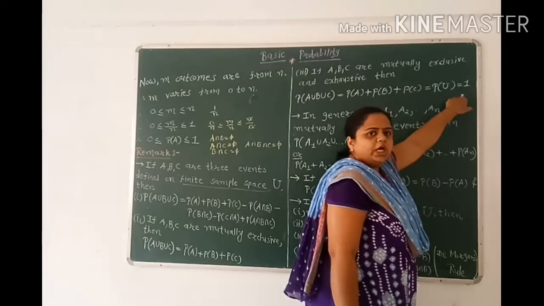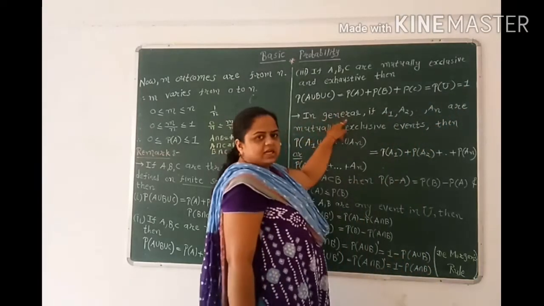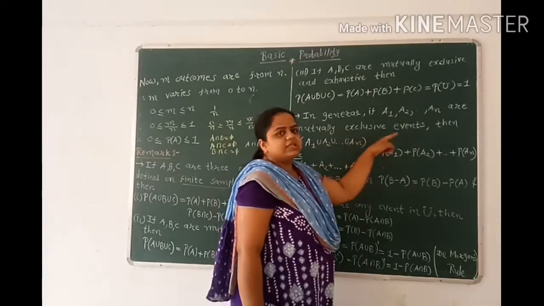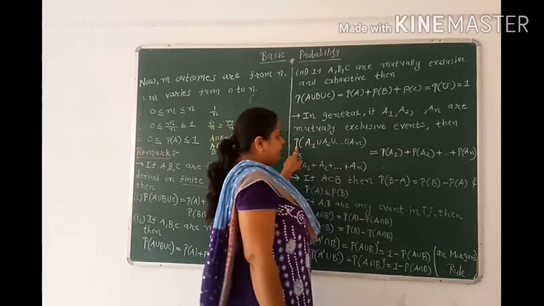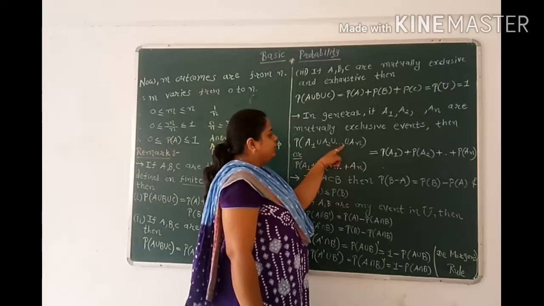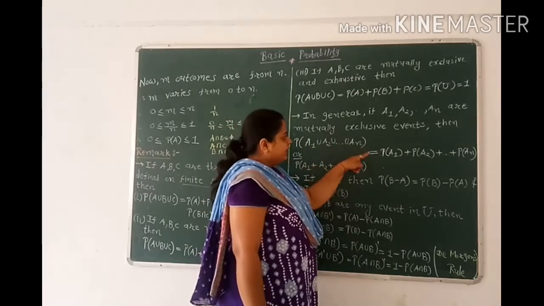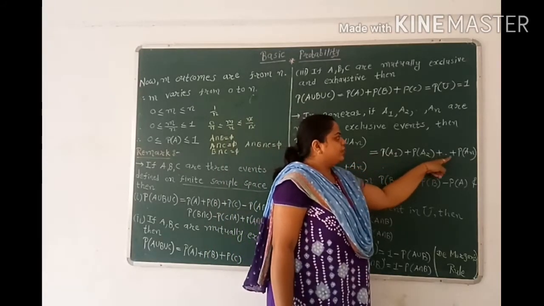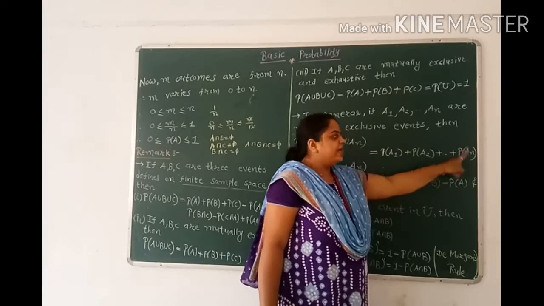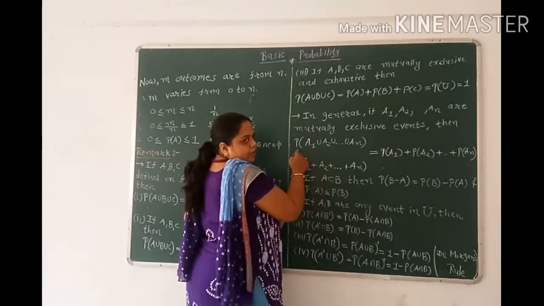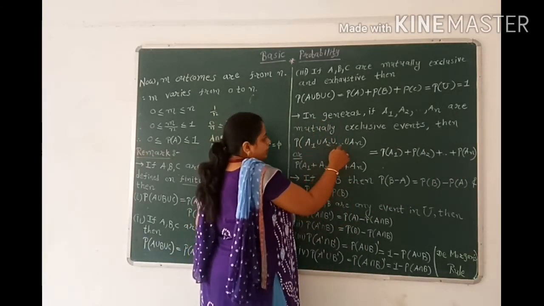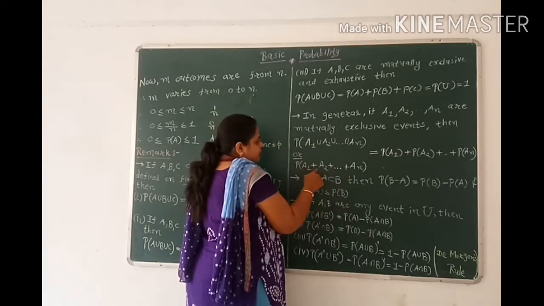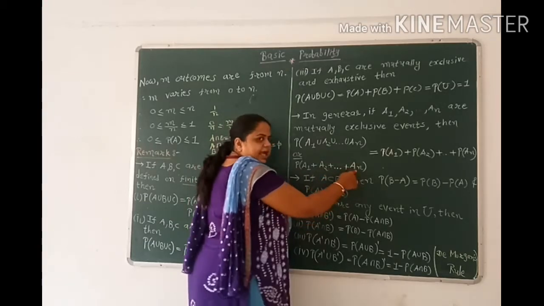Now next one, in general, if A1, A2 up to An are mutually exclusive events, then probability of A1 union A2 union up to union An equals probability of A1 plus probability of A2 plus up to plus probability of An. Here also we can write probability of A1 union A2 union up to union An equal to probability of A1 plus A2 plus up to plus An.